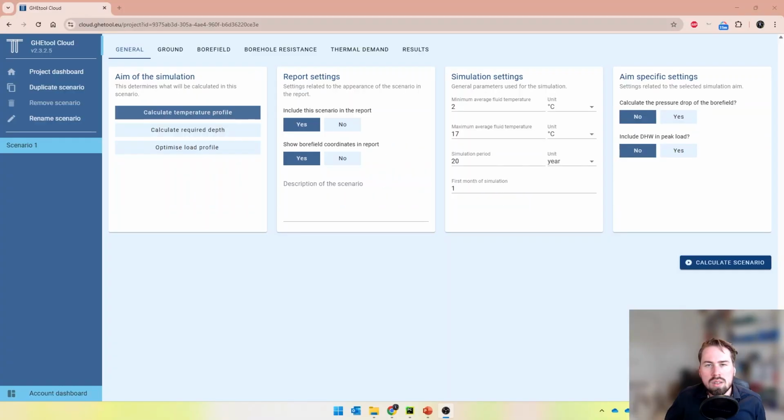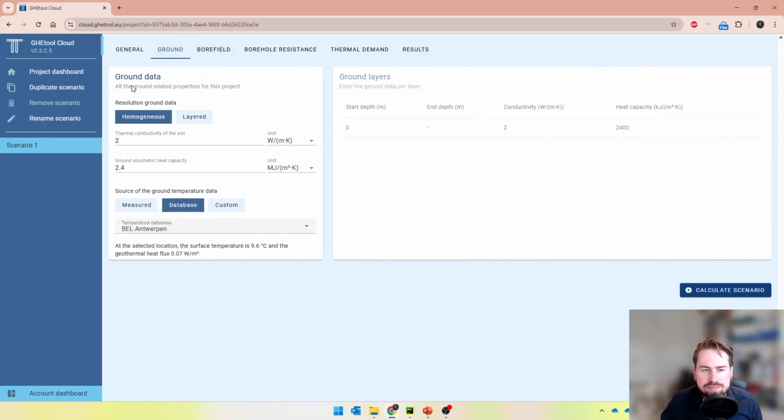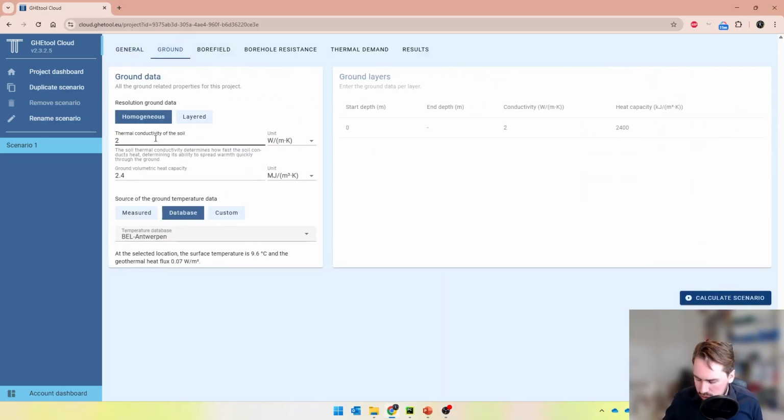So here we are in GHEtool Cloud. I created a new project. Let us now go ahead and fill in all the information from the TRT test. So in our ground tab, we found that the thermal conductivity of this ground was 2.32, and a TRT test always measures the homogeneous ground, so on average for the whole borehole.